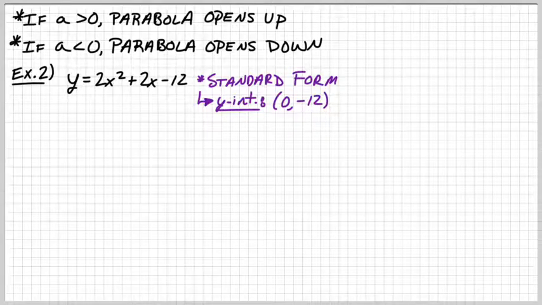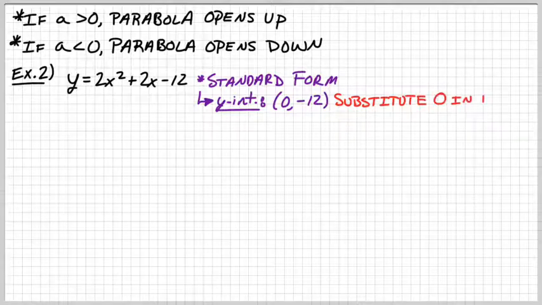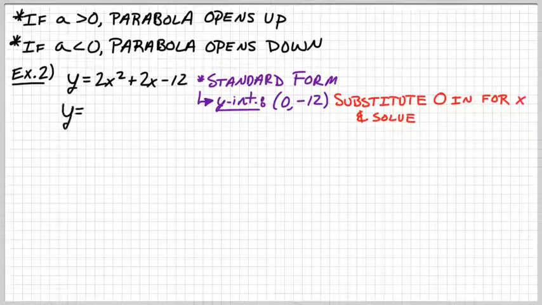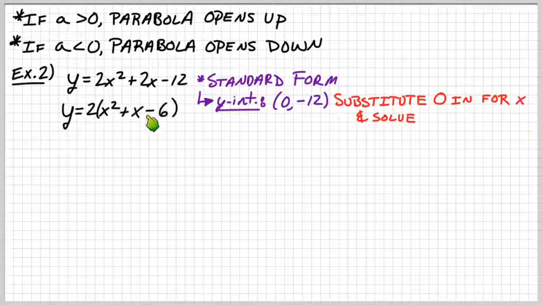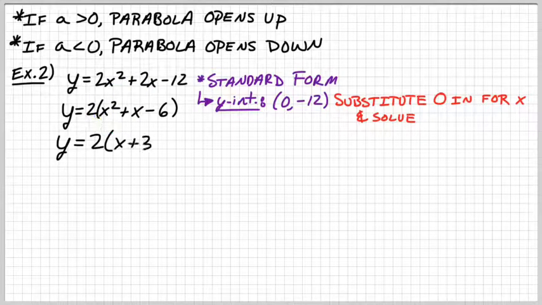Okay, so what else can we get out of this? Can we know the zeros? Maybe if we could factor it, we could know the zeros. So if I factor this, let's take a 2 out front. I get x squared plus x minus 6.